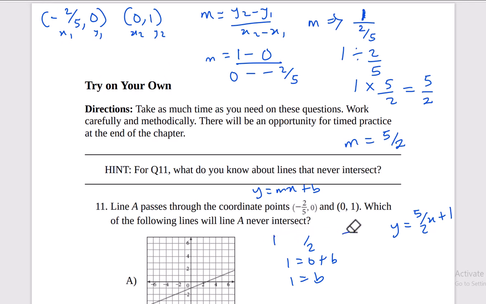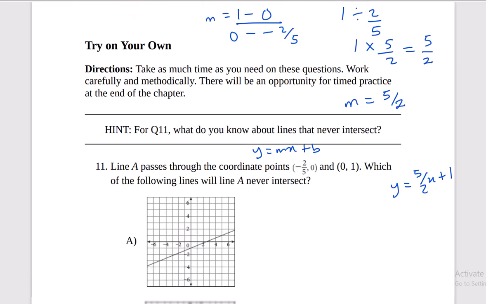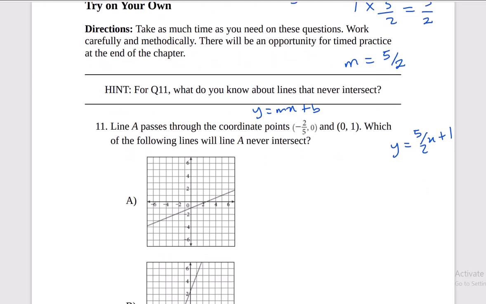So now we have our equation. We can simply sketch our graph and know what it looks like. So from this point, let's say 1, 2, 3, 4, 5, and all that, and negative 1, negative 2, negative 3, negative 4.